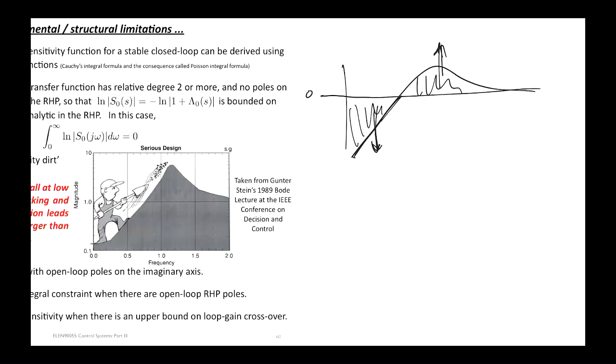And if you have an upper bound on the loop gain crossover frequency, which will correspond to something around here, then you are forcing S to be 1 beyond the crossover frequency, because T is becoming small.